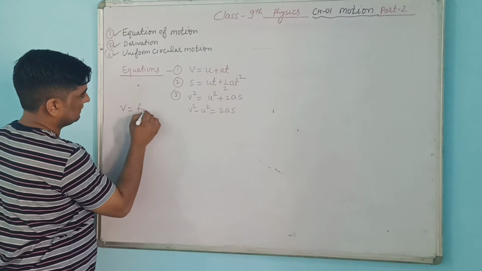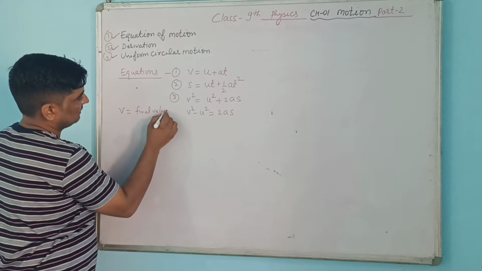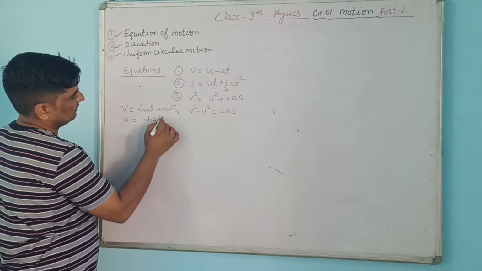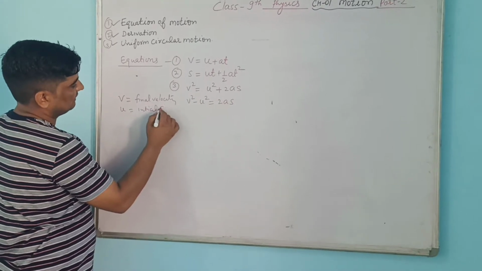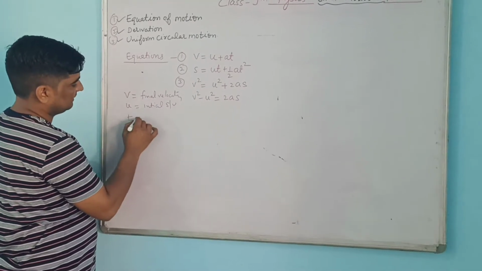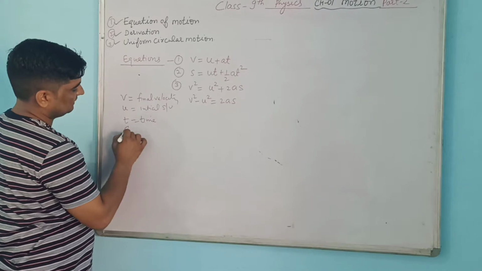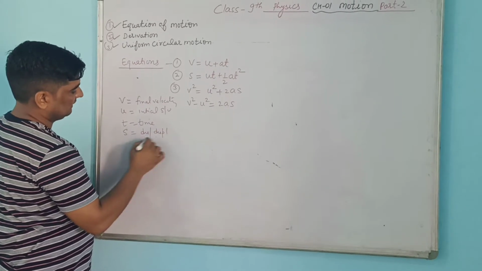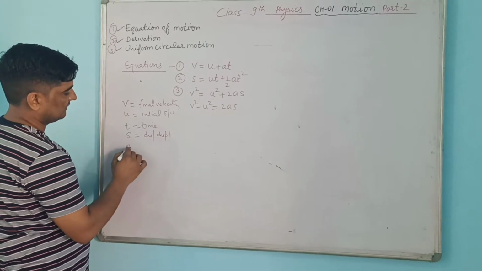V is the final velocity, or final speed. u is the initial speed or velocity, whatever you want to write. Then t is time, s is distance or displacement, and a is acceleration.